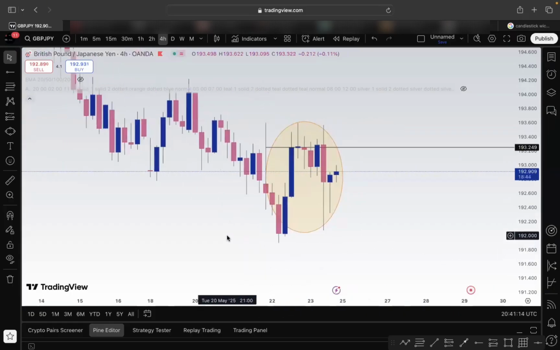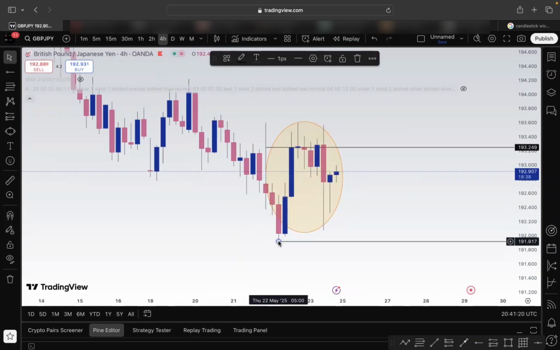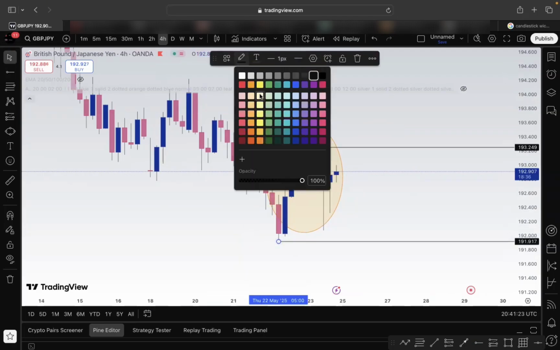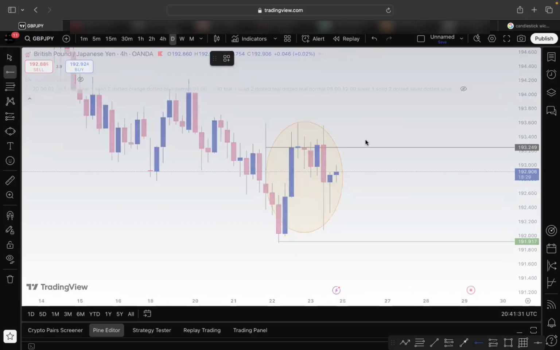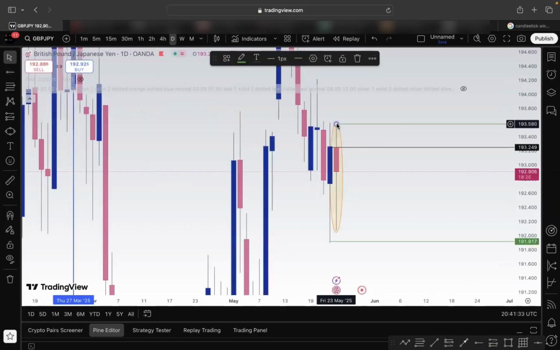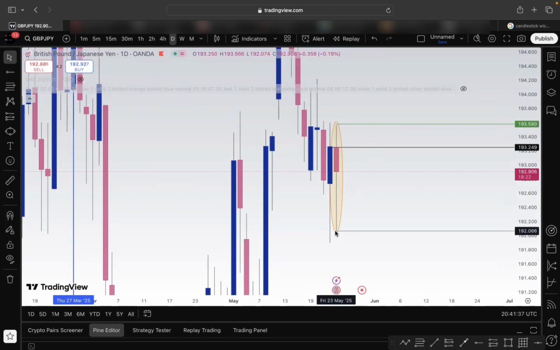If I was to draw the range, this is the low. Let me change this color to green. This is the low, and this is the high of the candle.